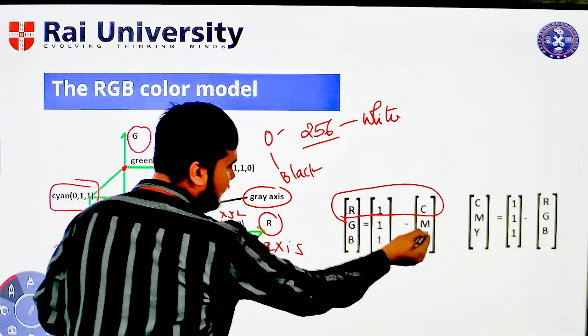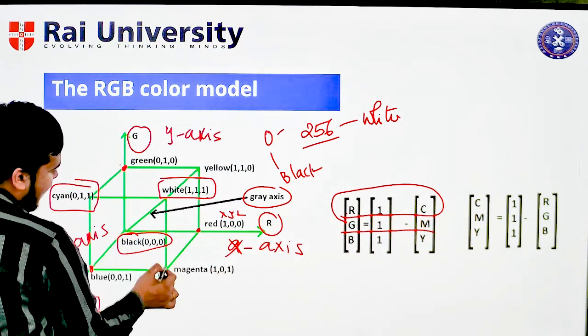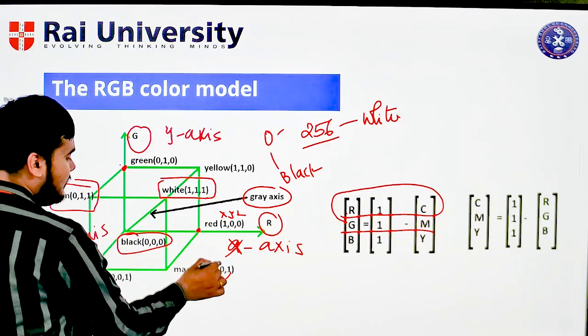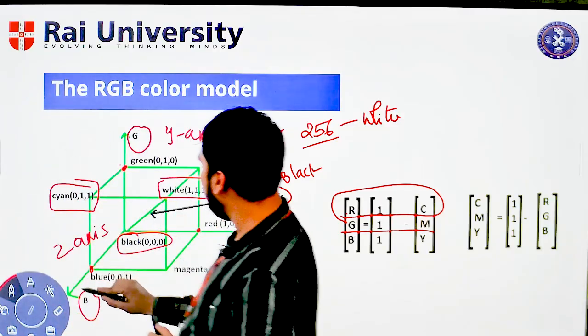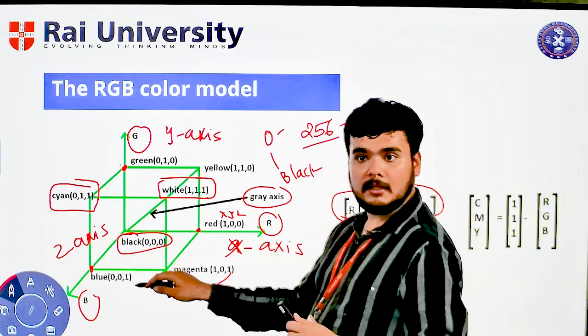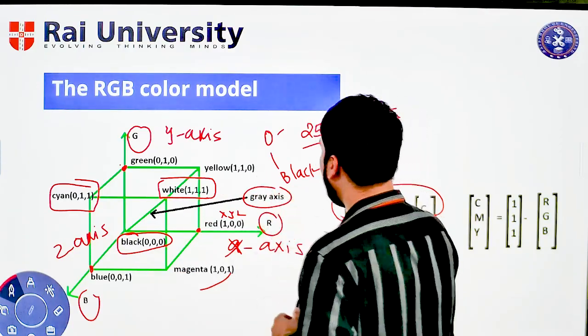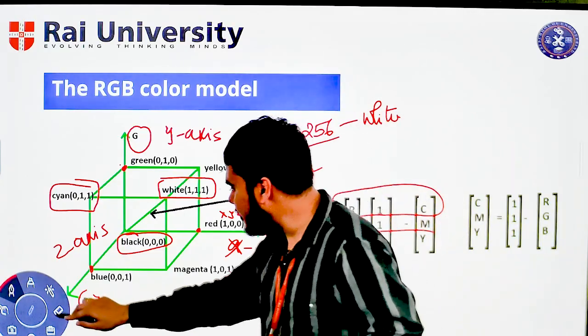At the same time, opposite green, the magenta is present. The value is 1 0 1, because the y-axis is not present due to green. At the same time, opposite blue, we have yellow. Blue has 0 0 1. For yellow, we have 1 1 0. So basically the entire color model will reflect certain values.